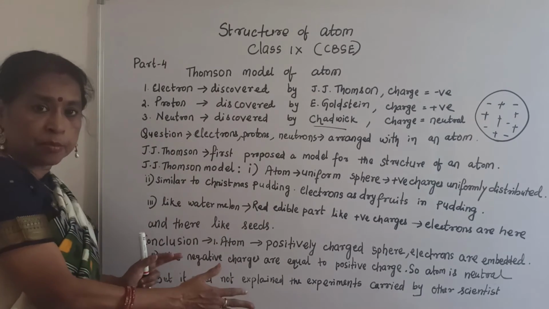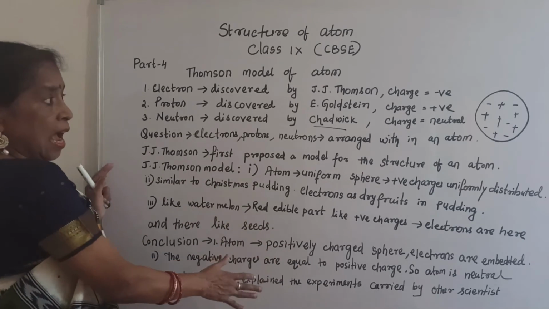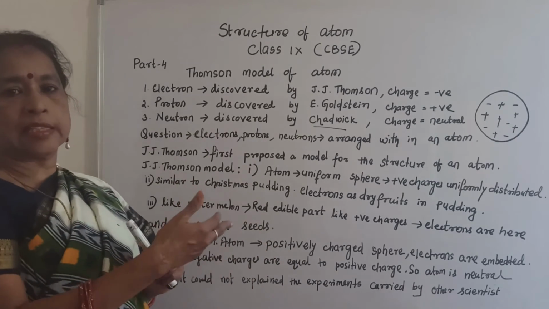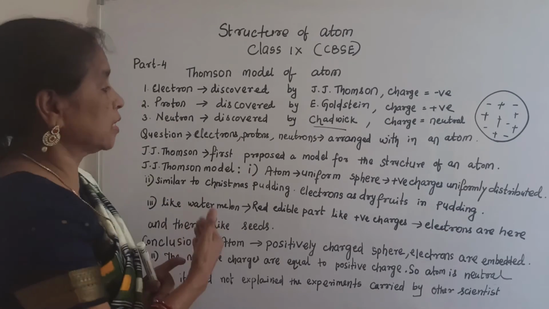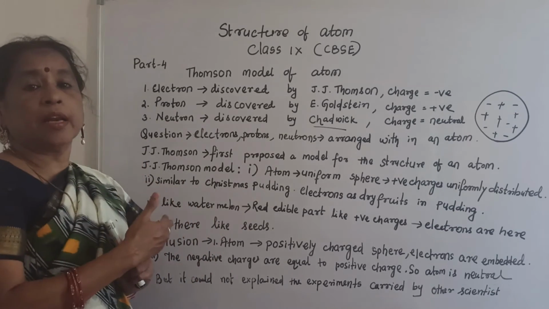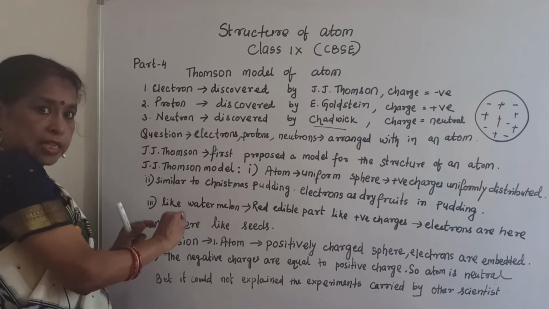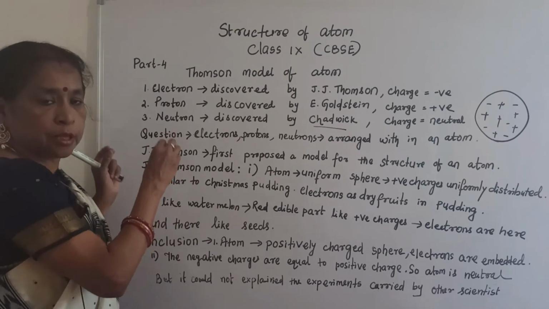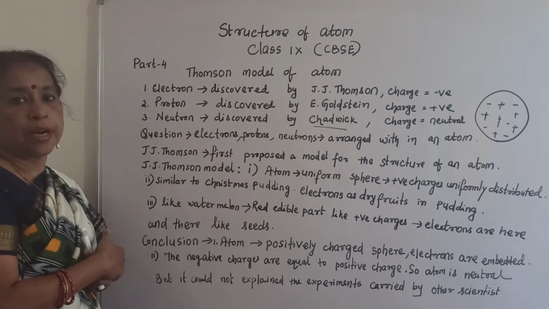First is the J.J. Thomson model, and after that a new scientist came, named Rutherford, who proposed the Rutherford model of atom. Now we know the first one, the J.J. Thomson model of atom, and next we will see Rutherford's model of atom.